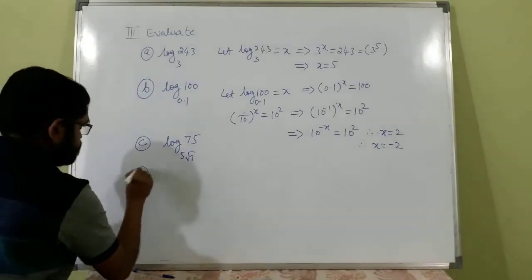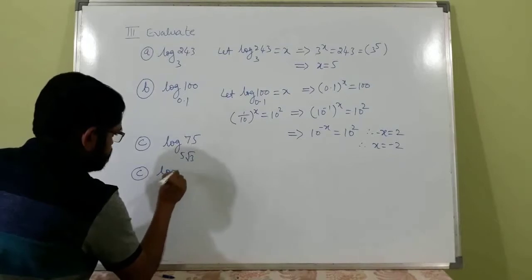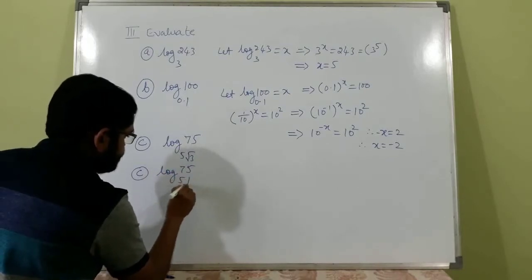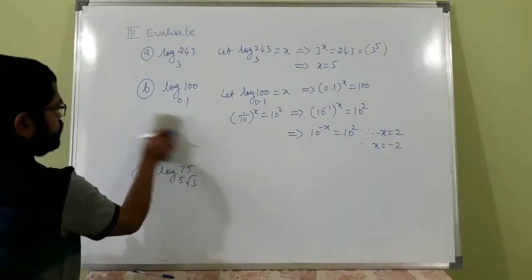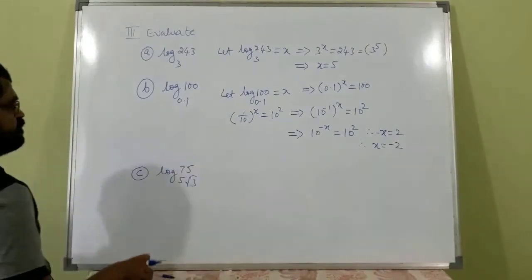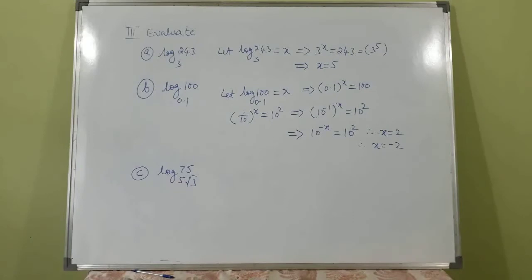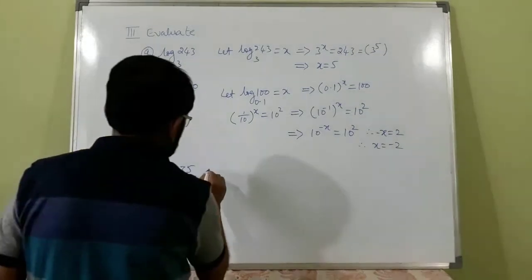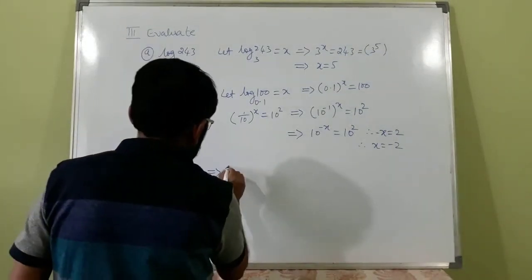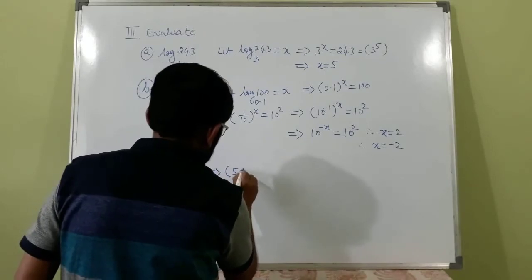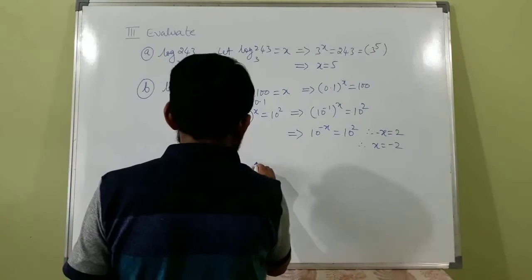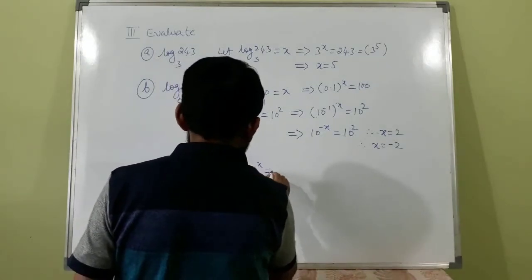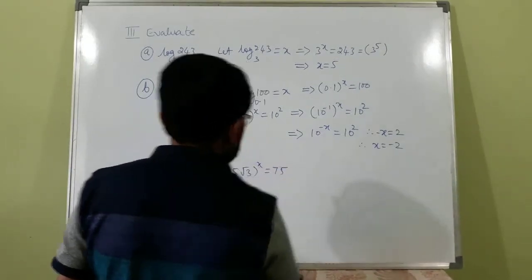Similarly, the third one, log 75 to the base 5 root 3. This implies (5 into root 3) to the power x is equal to 75.